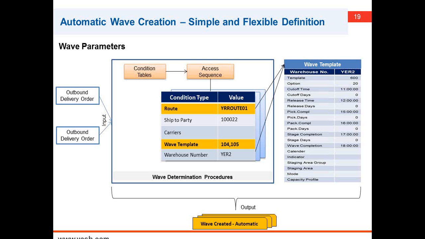Once the demand comes into the warehouse, the rules that SAP will allow you with the flexibility and the optimization is, how do I want that wave to be automatically generated? For instance, on this particular process, we may want waves picked on certain routes, whether it's FedEx, UPS, zip codes, customers, ship to, whatever carrier we're going to use.